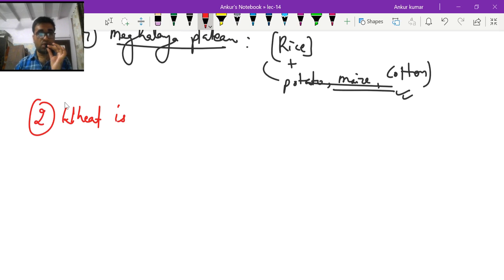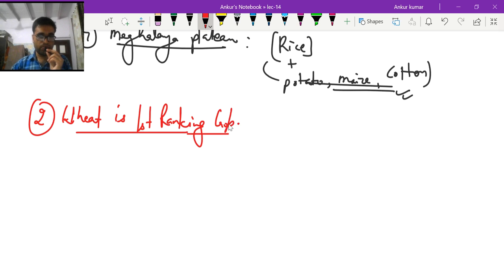The first that we did was where the rice is the primary crop, the first ranking crop. Now wheat is the first ranking crop. The regions where wheat is the first ranking crop, right? So the first region is the Ganga Yamuna Doab.